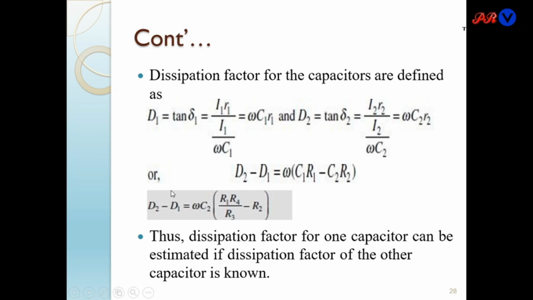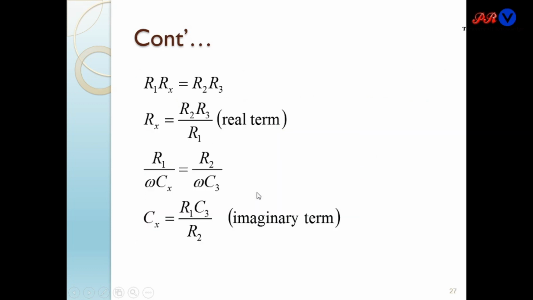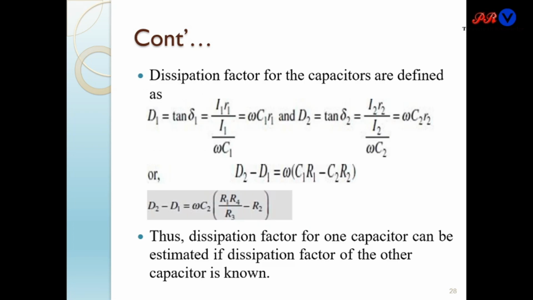So suppose we have either the value of D2 or D1. Other parameters can be calculated from these equations. Then we can easily calculate the dissipation factor of the unknown capacitor. This is the advantage of this bridge.